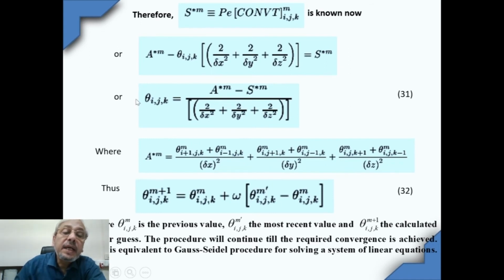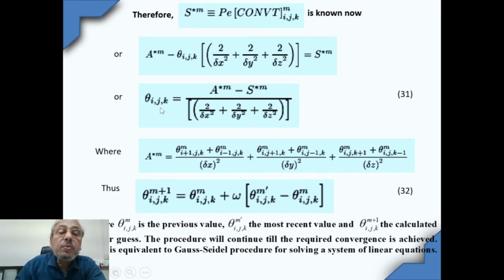So at the mth level, this A star, which comprises the Peclet number and the two convective terms at the mth level, these are known. Neighboring cell theta values at the mth level are known, divided by 2 by delta x square, 2 by delta y square, 2 by delta z square.